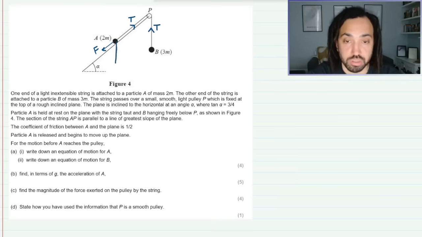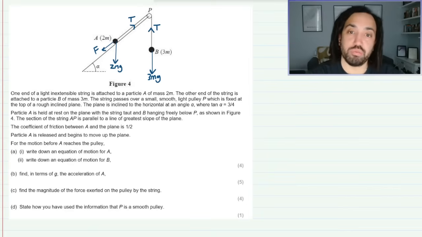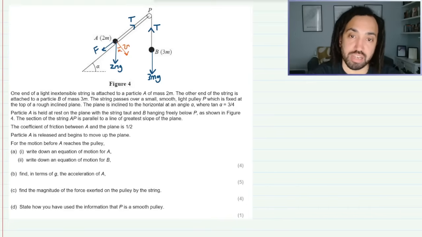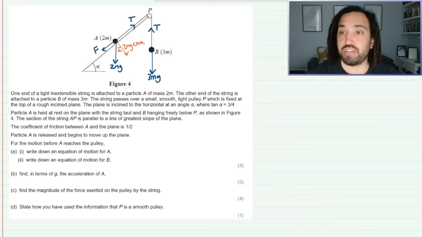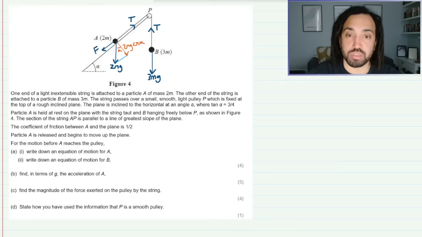And then we've also got the weights here, so that will be 2mg, and this one will be 3mg. And this one we would do a component, like so, and that will be of alpha, that will be 2mg cosine alpha, and then we'll have this component here, which will be 2mg sine alpha.